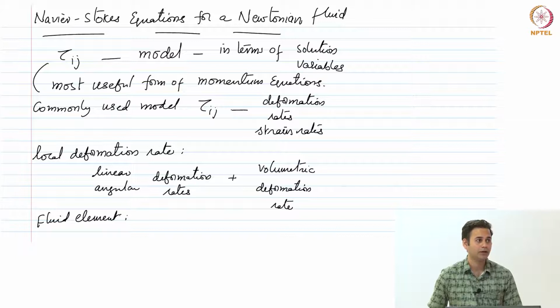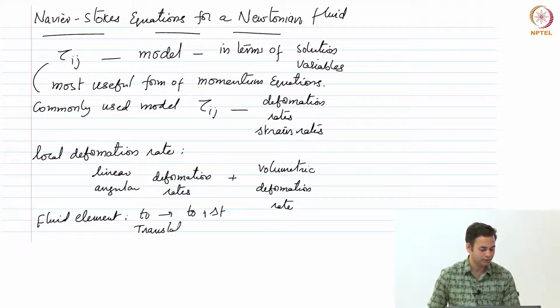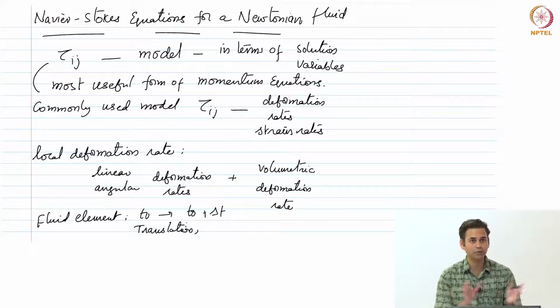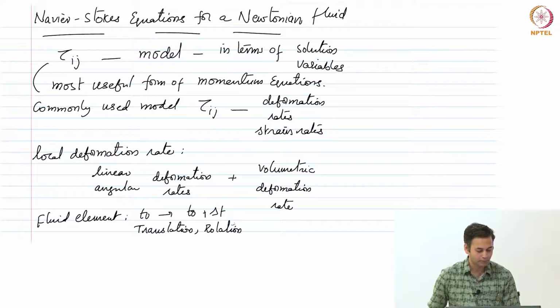So, essentially if you take a fluid element, in general you can model the change of a fluid element at a time t naught to another time t naught plus delta t by a series of elementary superpositions. You would recall from a fluid mechanics course that these will be composed of a pure rigid body translation, a pure rigid body rotation, and fluid deformation, okay.